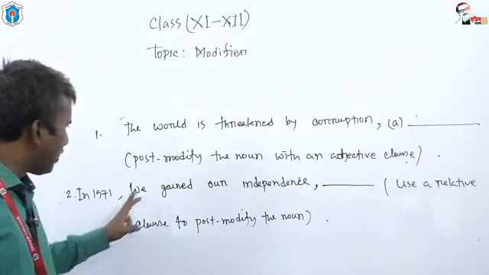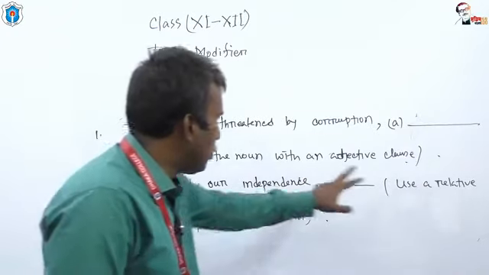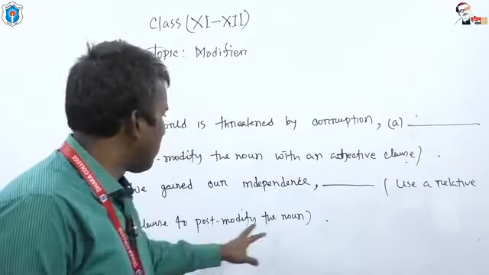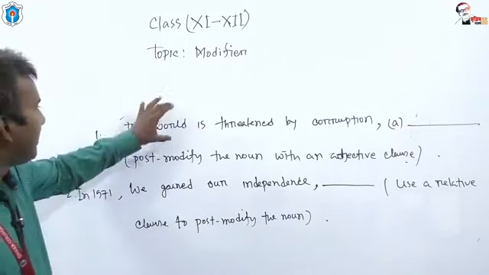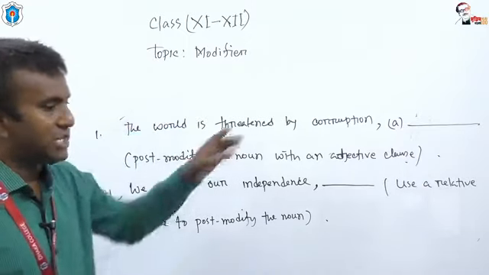In 1971, we gained our independence. You have to modify independence with a relative clause. Okay.